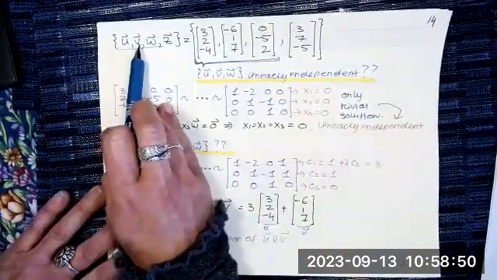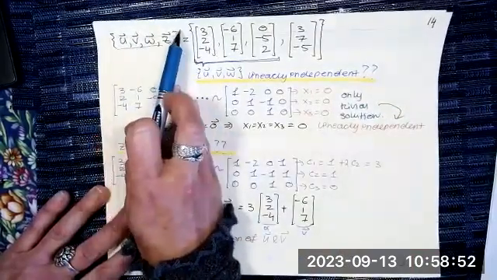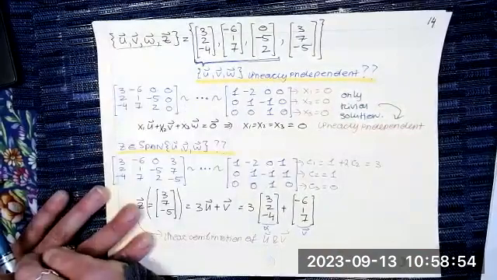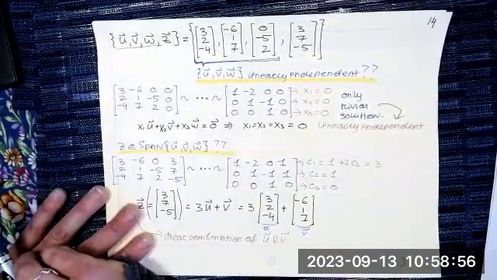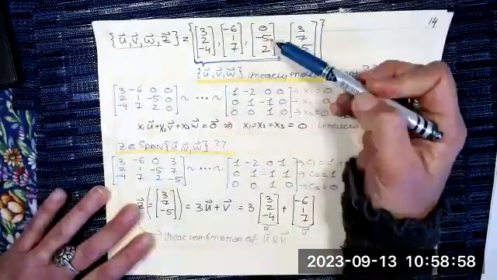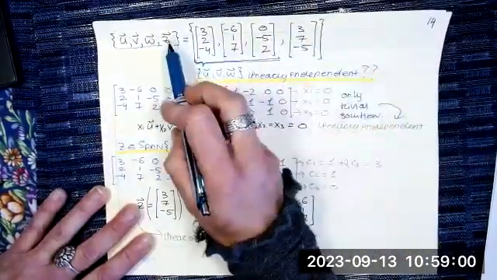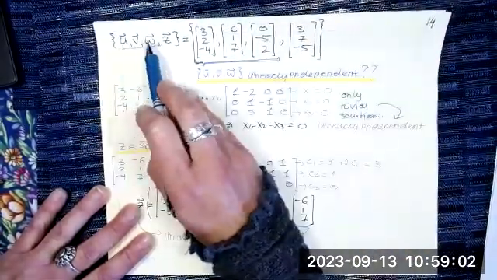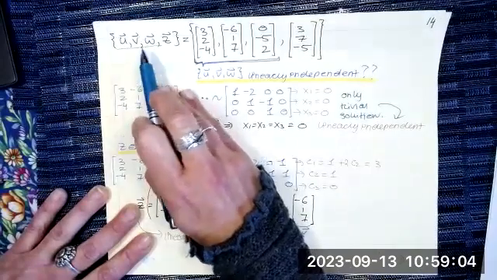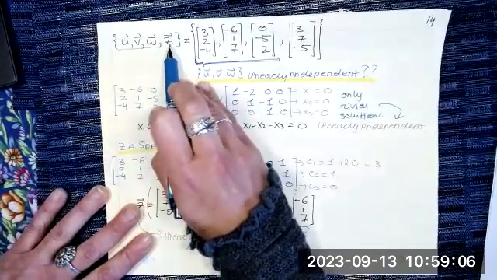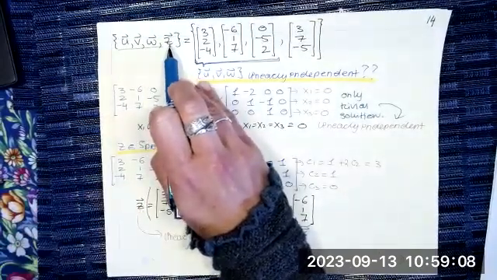So the set U, V, and W, if I ignore Z, is linearly independent. But that also means that because U, V, W was independent, when I added Z, it became linearly dependent.